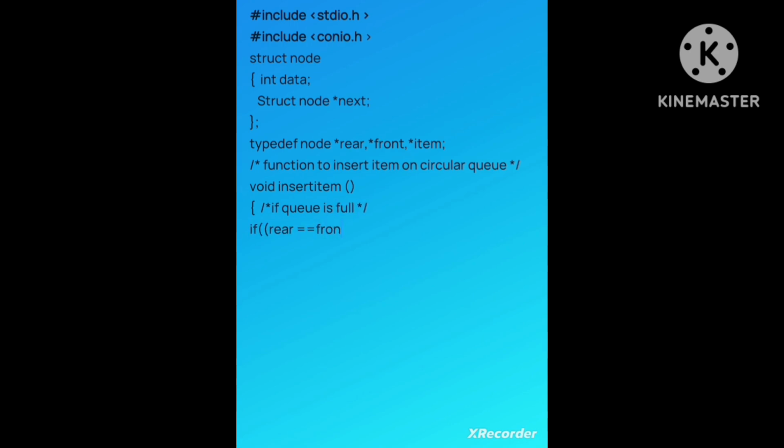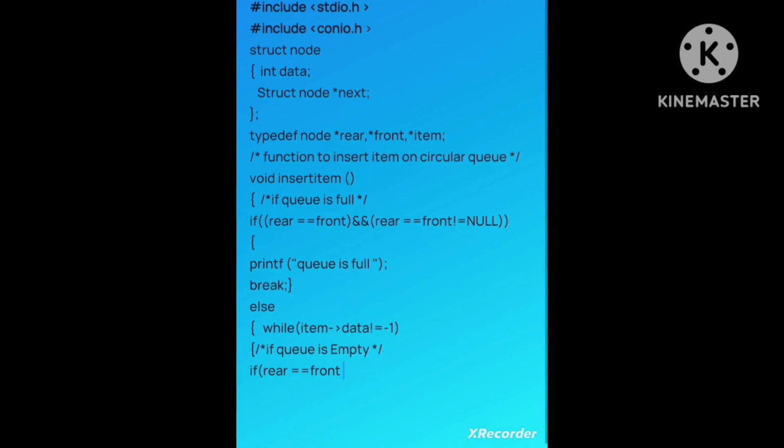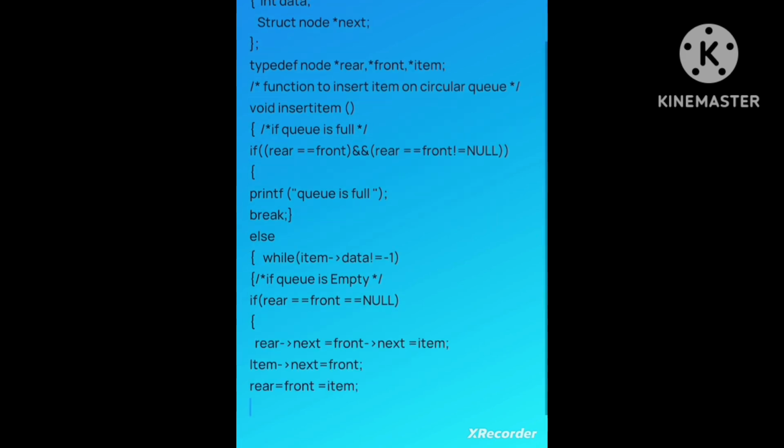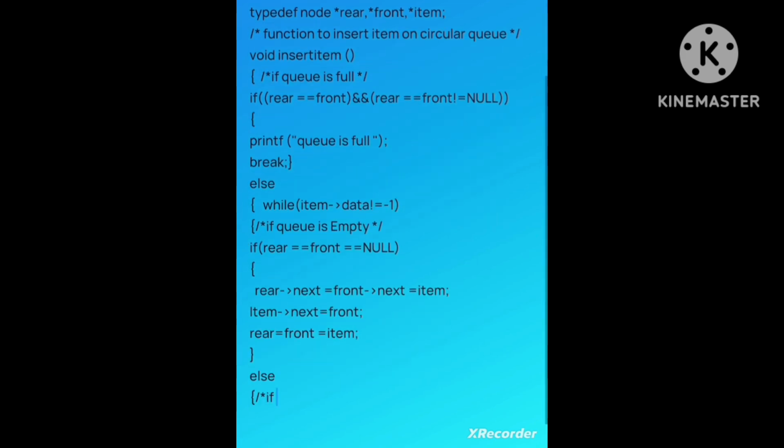Then we have to just print the statement queue is full and break from the loop. Else check for the queue to be empty and we will insert the item node as the first node of the queue by linking the rear and front pointer to the item node and linking the item node back to the front node in order to maintain the circular queue.